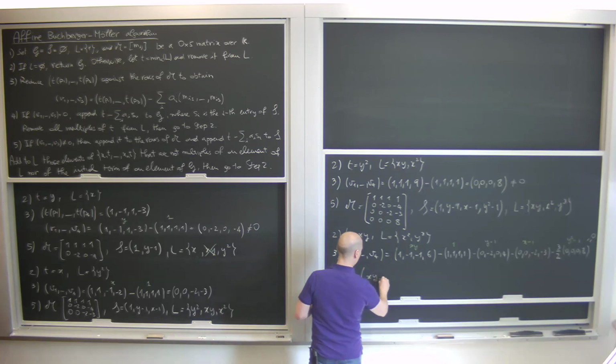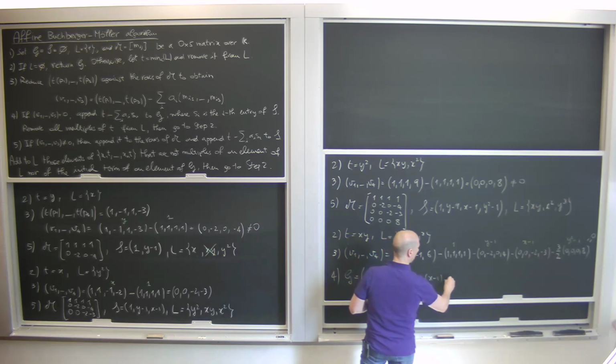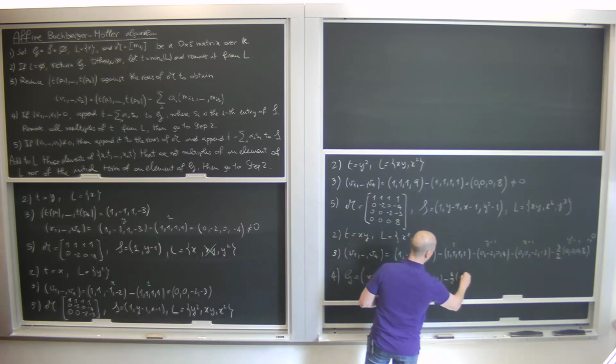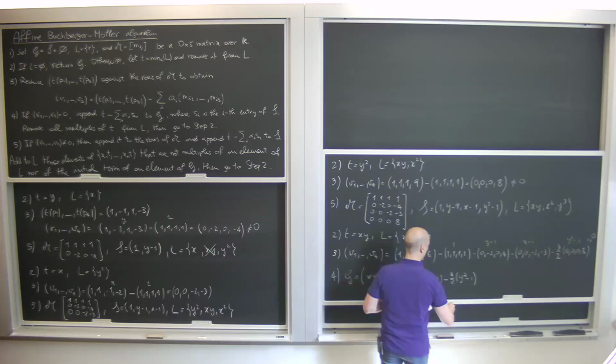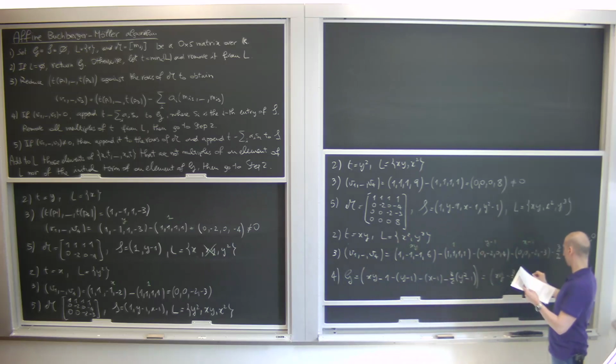So xy - 1 minus y - 1 minus x - 1 and -3/2 y squared minus 1. You probably want to simplify this a little bit. So this turns out to be xy is the leading term, negative 3 over 2 y squared minus x minus y plus 5 over 2.